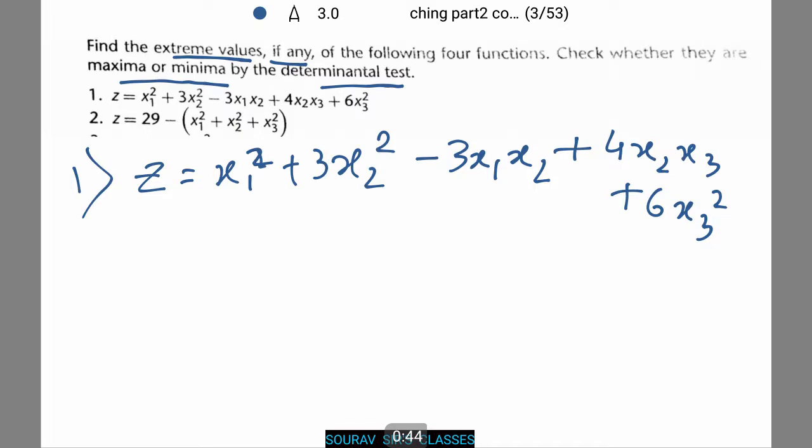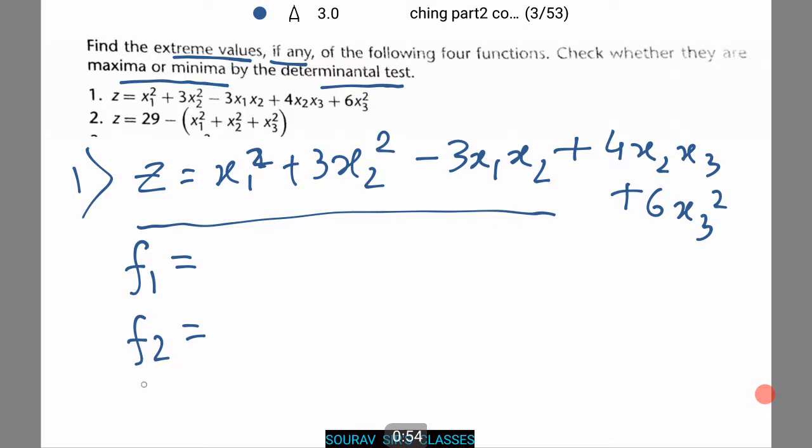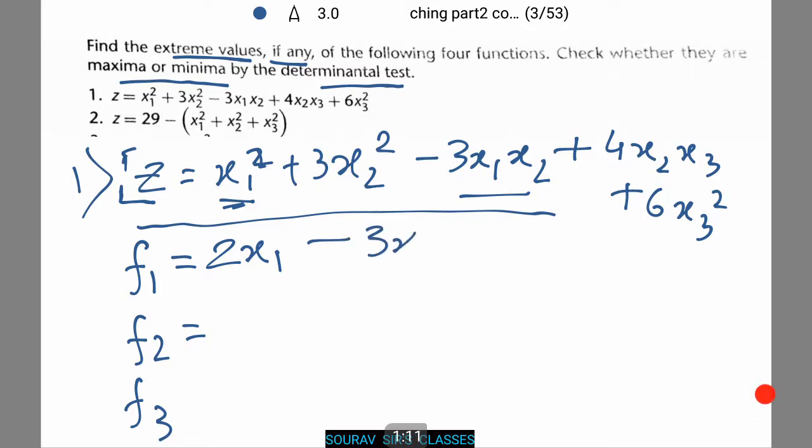Now we are given the following function. In order to find the extreme values, first we need to find f1, f2 and f3. f1 is nothing but this function z differentiated with respect to x1. Let's see what the value comes to: 2x1 from here and minus 3x2.